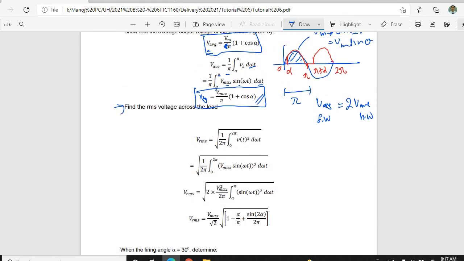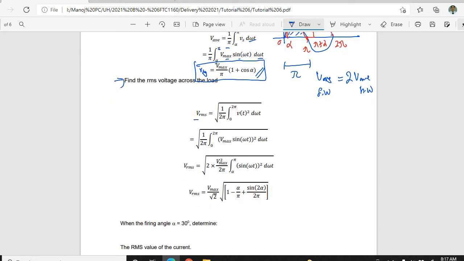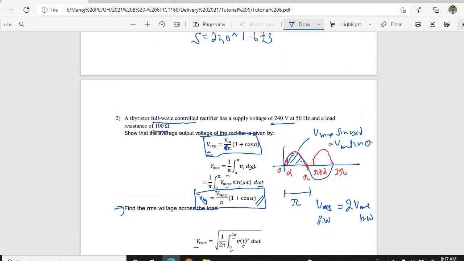Then find the RMS voltage across the load. How to find the RMS voltage? Vrms is equal to the square root of 1 over 2π, integrating from 0 to 2π of v(t) squared dωt. If you substitute for v(t), which is V max sine ωt, squared dωt, then what we can do is consider from 0 to π, then square these values.